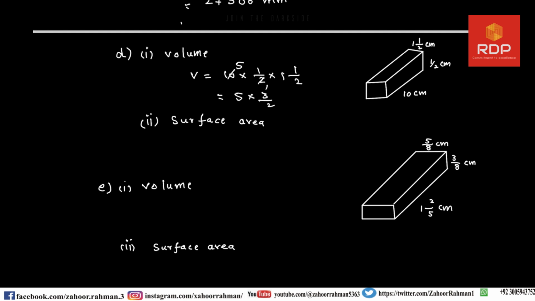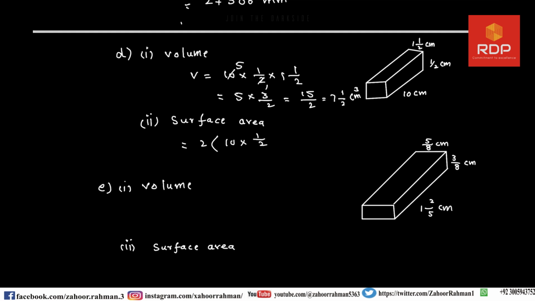So after the calculation we will get 1 whole 1 over 2, and when we calculate it, 15 divided by 2, which is equal to 7 whole 1 over 2 centimeter cube.